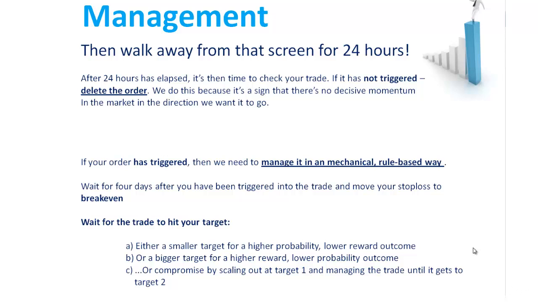We only want to be in the trades which have decisive momentum and speed behind them. Okay, so 24 hours is a very good milestone. If you're not triggered in 24 hours, just delete the order. No matter how good it looks, walk away from the screen and do something else. Celebrate it as being disciplined in your approach and not falling in love with a trade which frankly has invalidated itself.